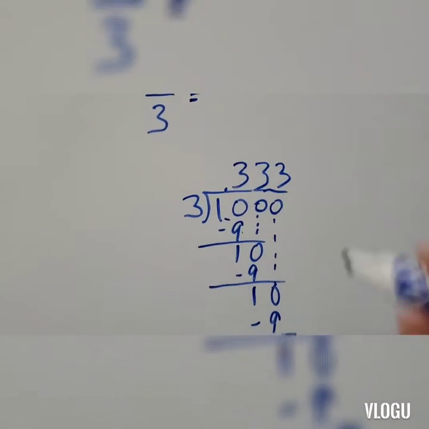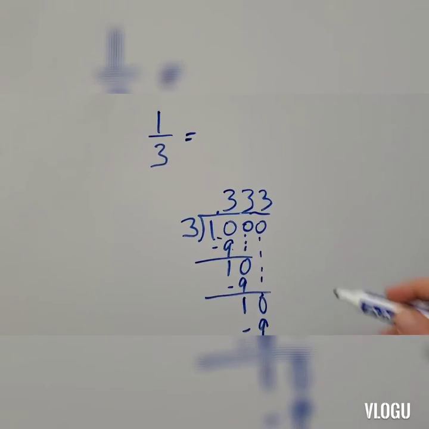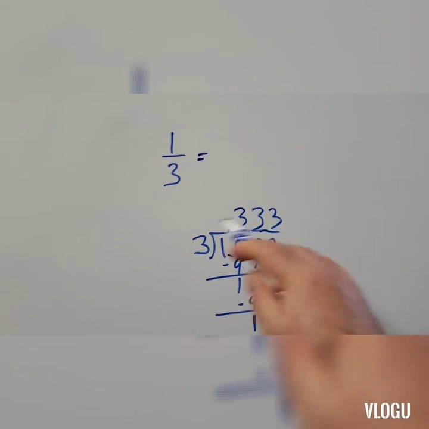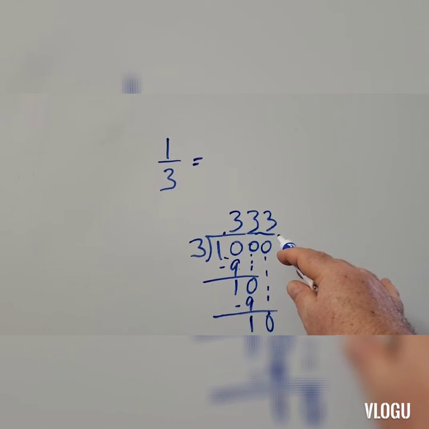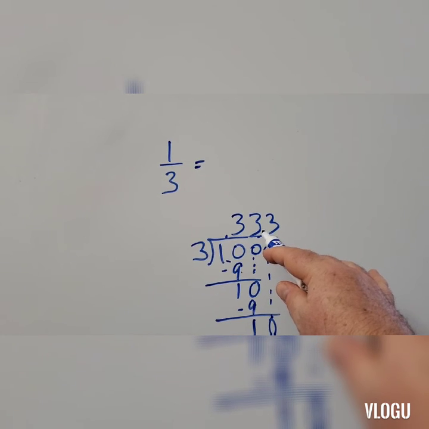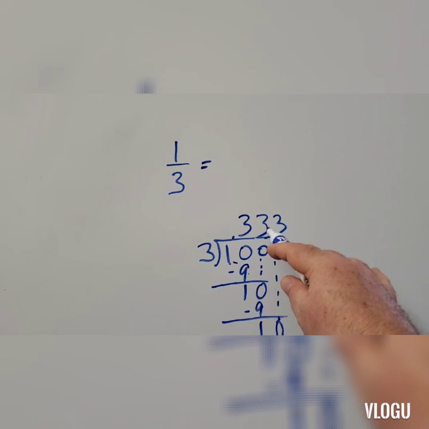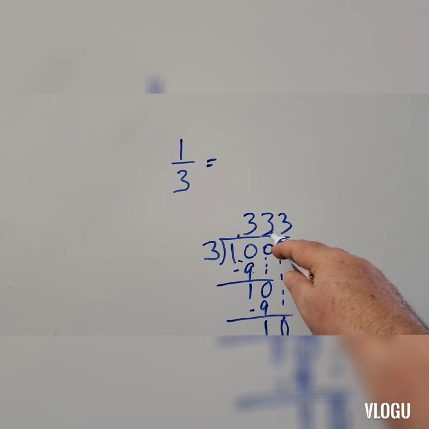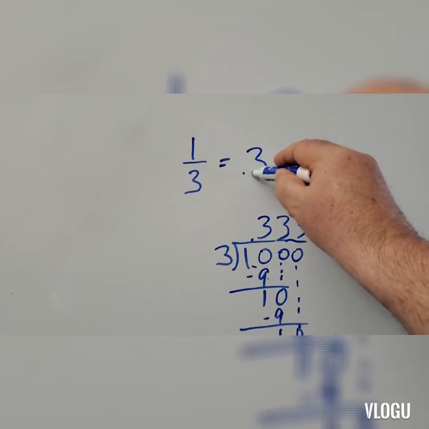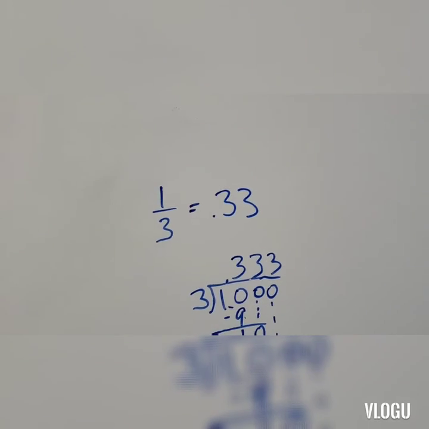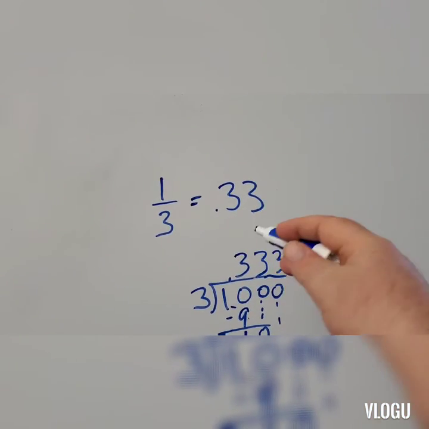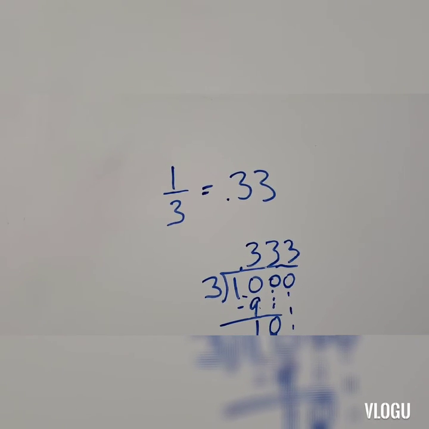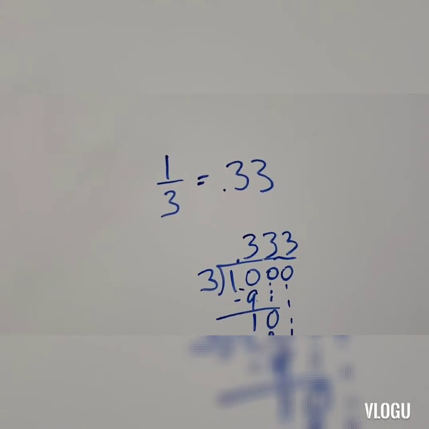And we can end it by typically rounding to the nearest hundredth. We go to the thousandth, and that tells us to round down. This 3 tells this 3 to stay the same. So 1/3 is equal to 0.33, or 33 hundredths.